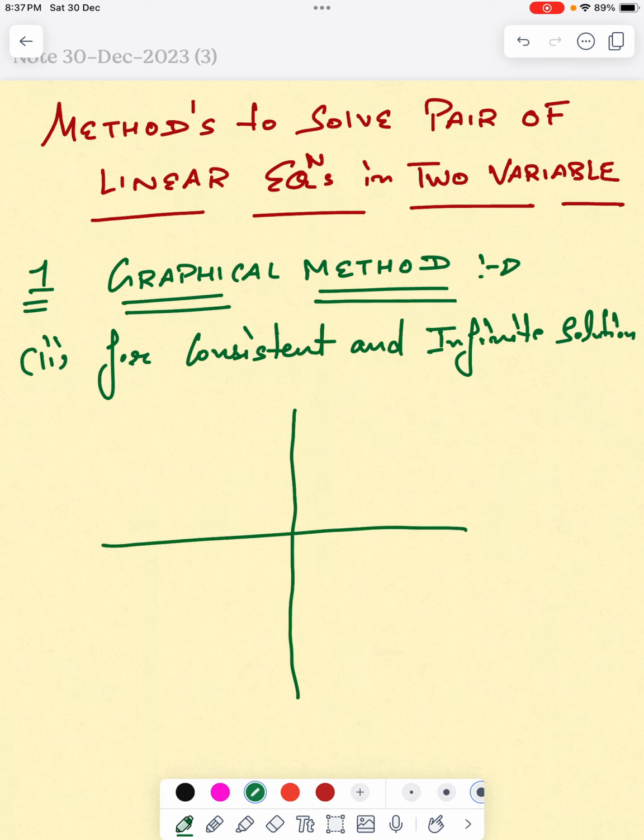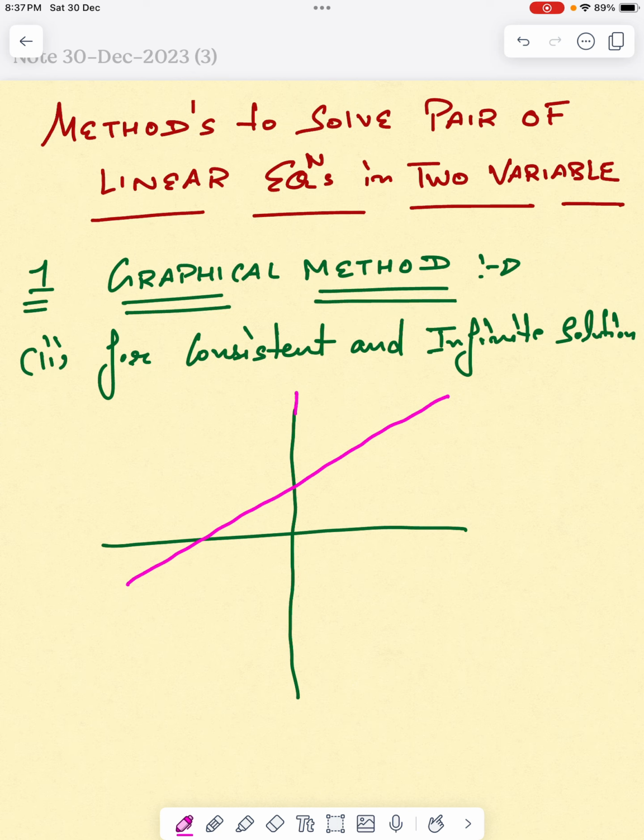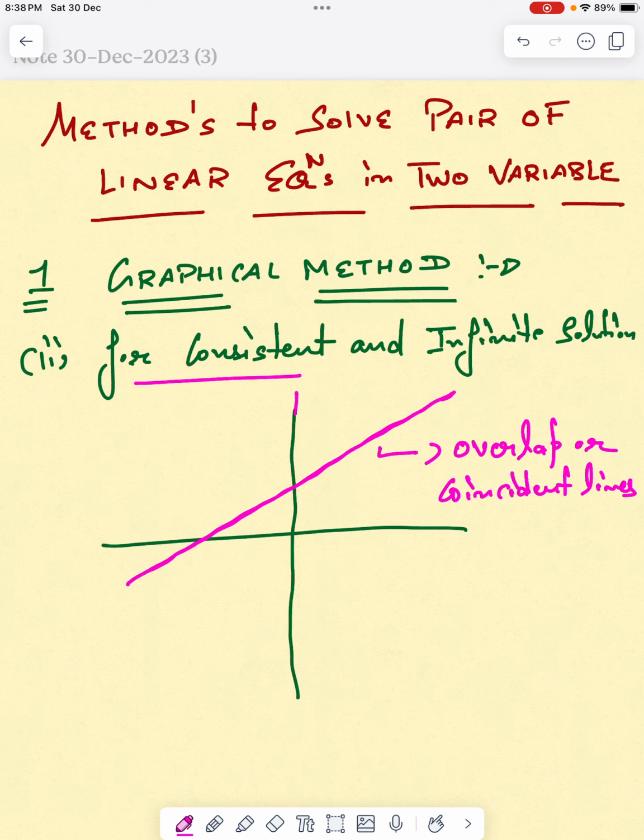You will get overlapping or coincident lines. There will be a single line. From visualization you will see only one line, but another line is just overlapping over the first line. So you get overlapping or coincident lines if the given system of equations is consistent with infinite solutions.